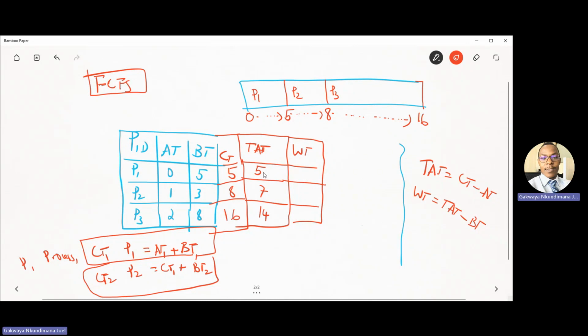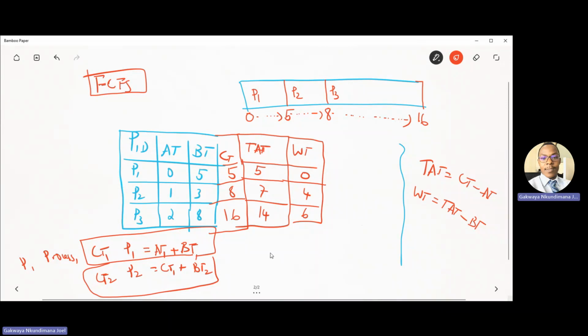So it's given here, we have a turnaround time of 5, burst time is 5, so here is a 0. 7 minus 3 is 4. 14 minus 8, what is the value? 14 minus 8 is 6.